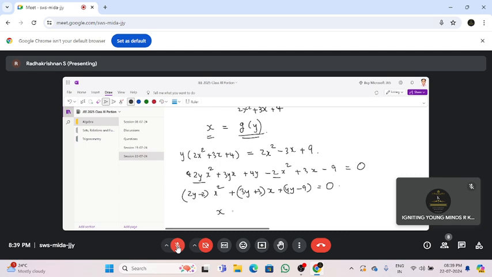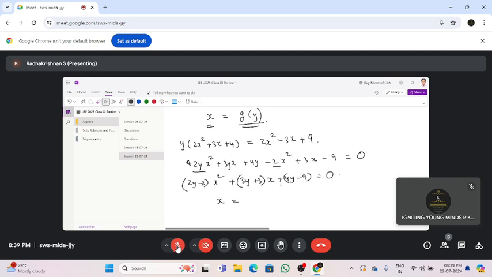Now x equal to, say, a quadratic equation. What is the solution to a quadratic equation? Quadratic formula?